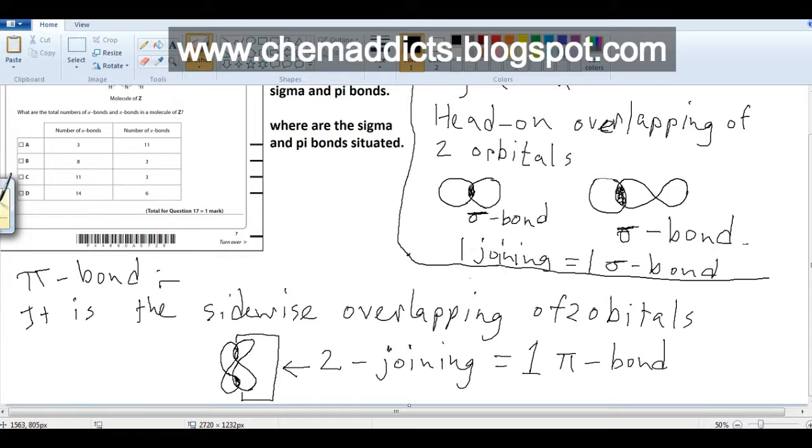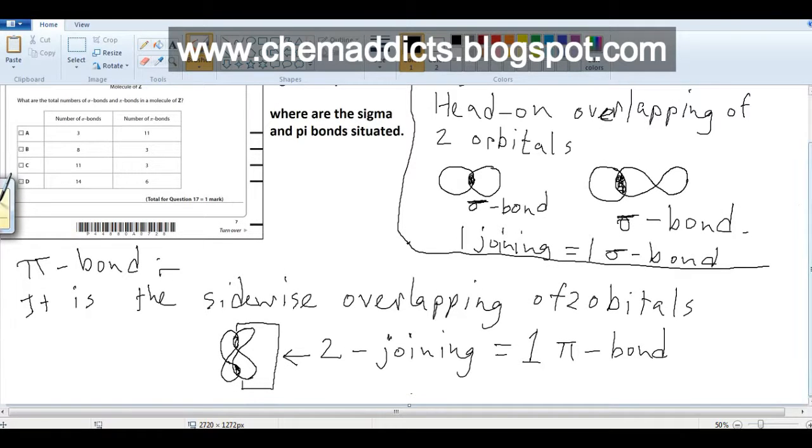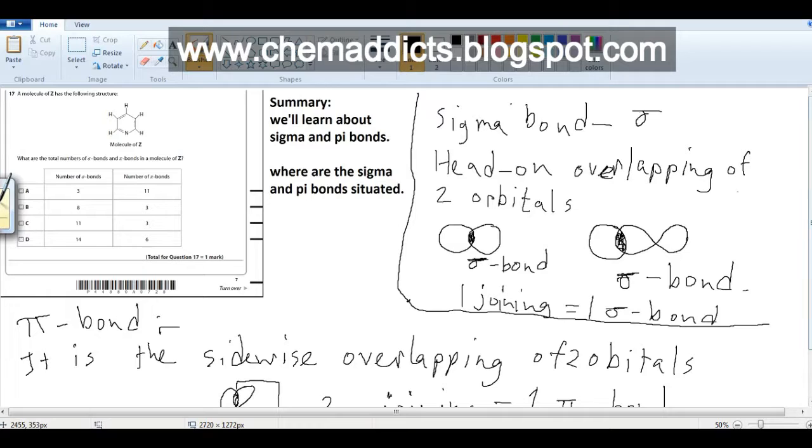So let us now discuss where the sigma and pi bonds are situated.